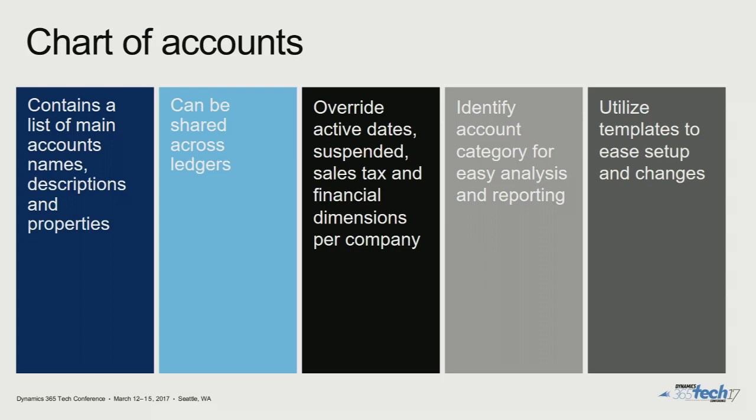All of our default reports for Management Reporter or financial reporting are based on that main account category. So if you're using the out-of-the-box categories, those default reports will produce data and work out of the box. If you make changes to your main account categories, there are some changes that you'll want to make to the report definitions just to ensure that the information is still pulling into the financial reports.